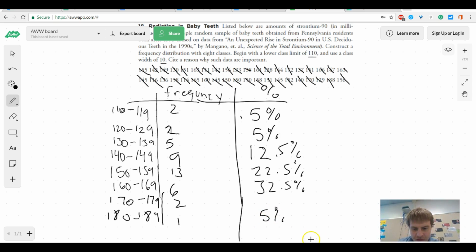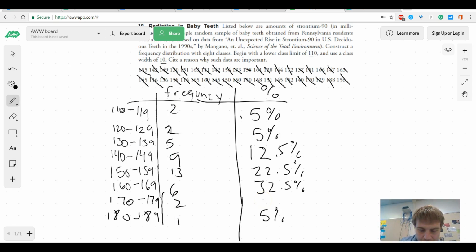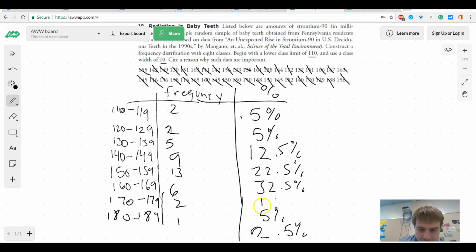Then we just have to do 6 out of 40, and then 1 out of 40. 15%, and then 0.25, so that's 2.5%. So that is the percents.